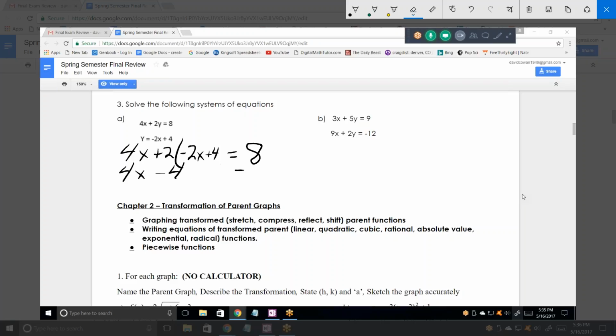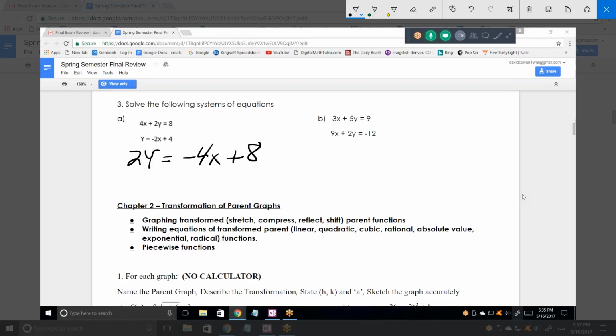In other words, when I tried substitution and got a number equals a number, that tells me that the second equation is probably the same as the first equation. It's not a different equation. Well, let's see. If I multiply both sides by 2, I get 2y equals minus 4x plus 8.